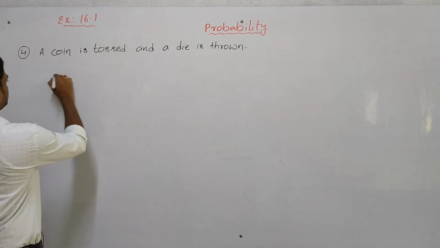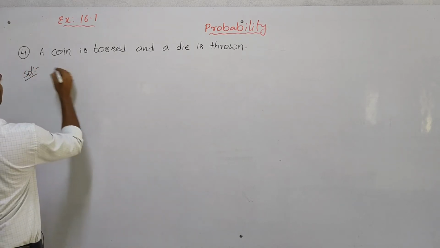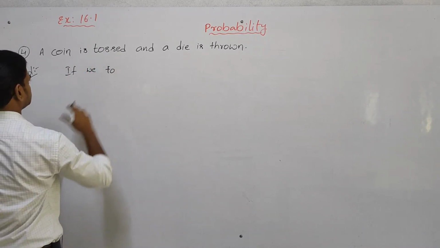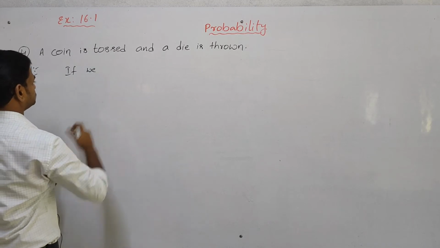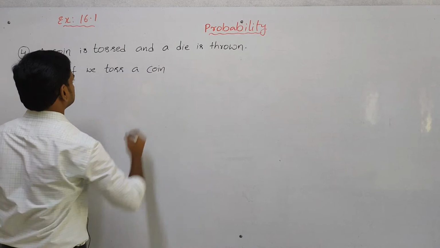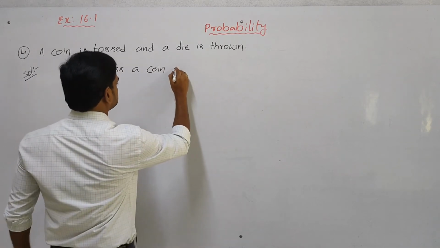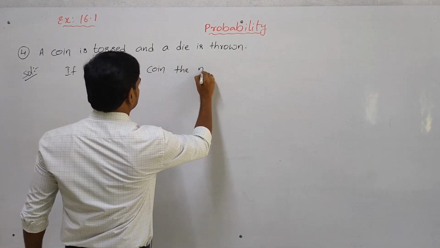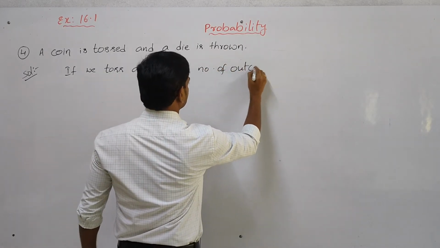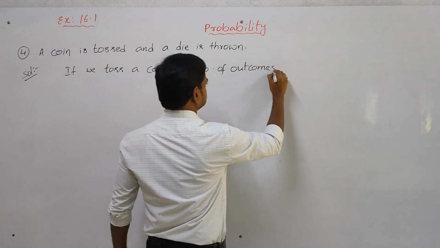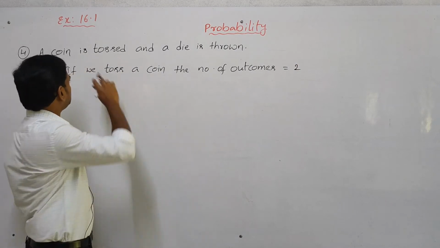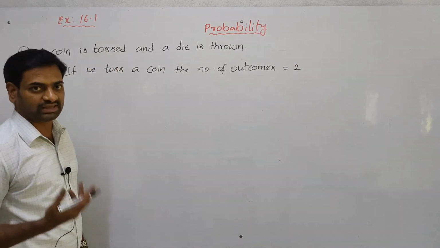If we toss a coin, the number of outcomes is only 2, because only one coin is tossed, only one time.